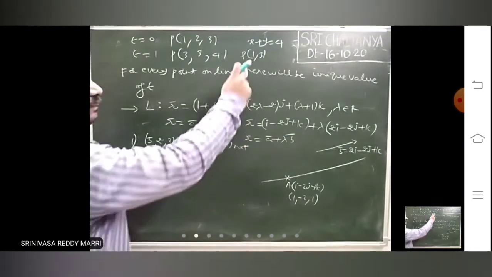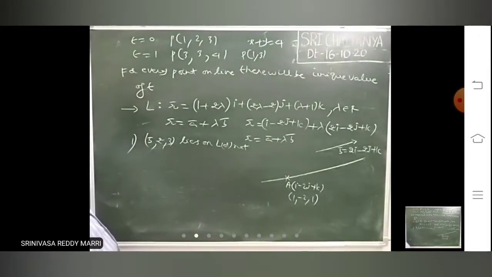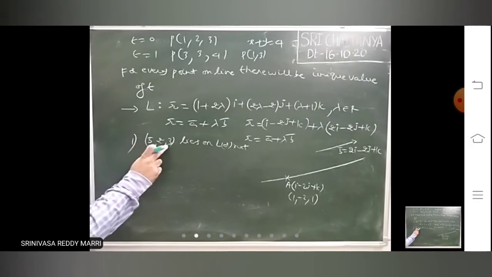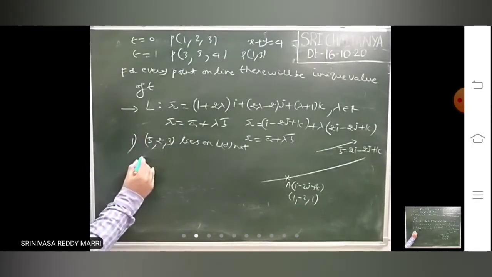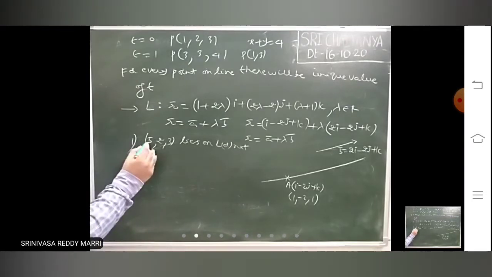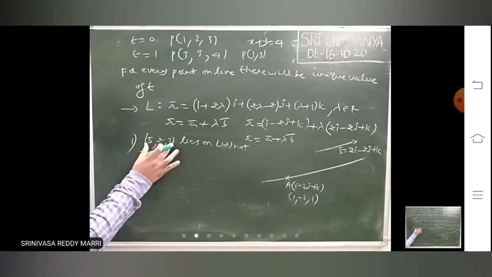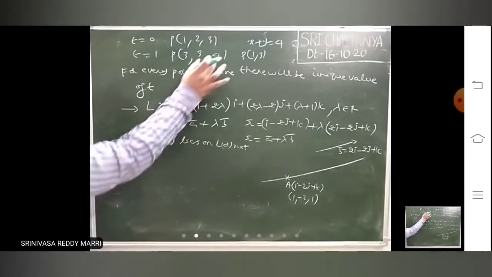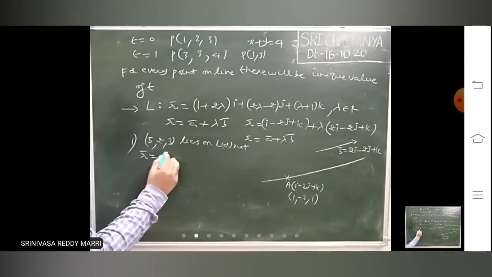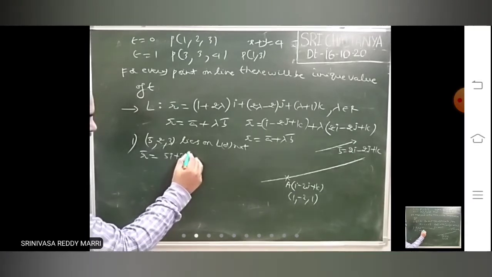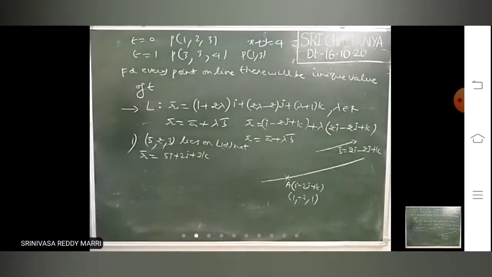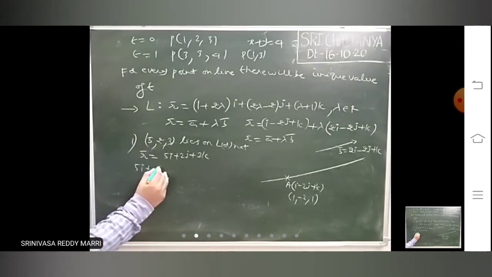What will we do? In place of x and y, we substitute 1 and 3. 1 plus 3 is 4, satisfied. Therefore, P lies on the line. Similarly, here you substitute the point in place of R bar.